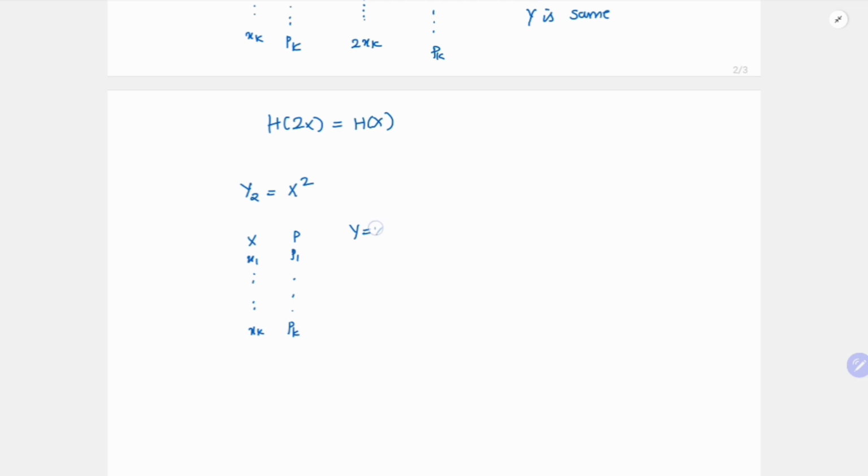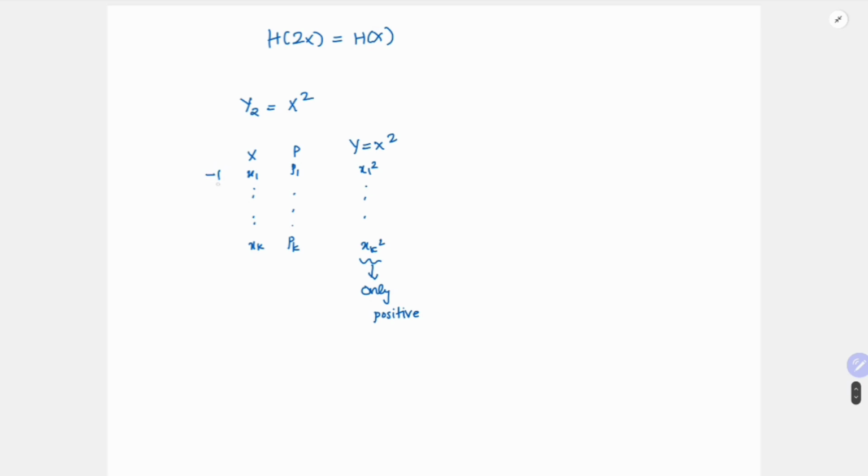So if I consider y equal to x square, then I have x1 square to xk square, and these are all positive. If I have an example such that this has minus 1 and plus 1 both, both will be mapped to the same value of plus 1, right? So its probability will be pi1 plus pi2. It will increase. So the distribution is no longer the same.